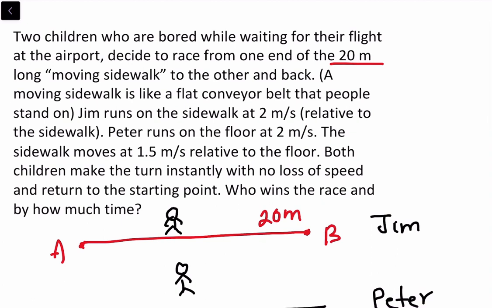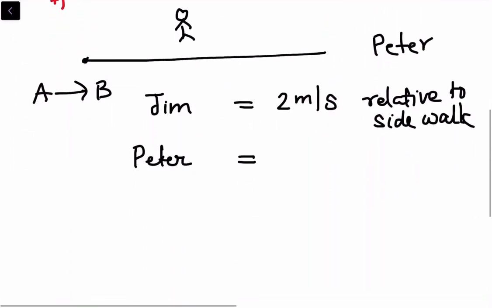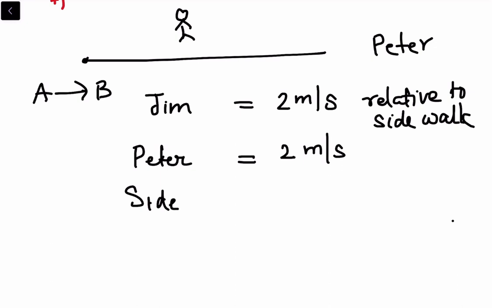You can see in the problem, Jim runs on the sidewalk with 2 meters per second, and Peter runs on the floor with the same speed, 2 meters per second. Now the sidewalk also moves with a speed of 1.5 meters per second relative to the floor.